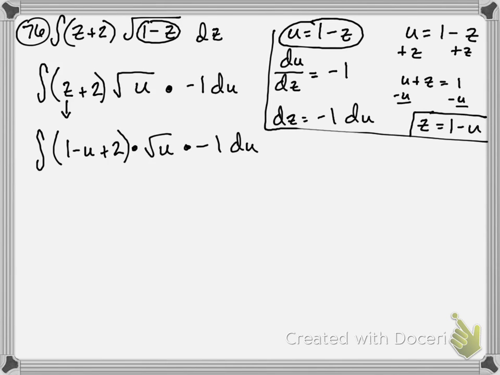Now everything is in terms of u, and you're good to roll. So doing some simplification here, you got (negative u plus 3) times square root of u, times negative 1 du.